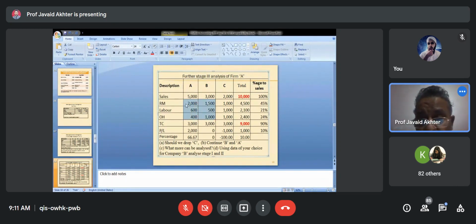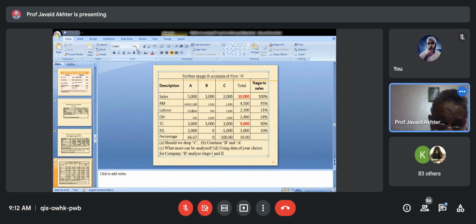Just 1 second. Let me just reduce this size and I'll be able to explain you here. It is 40%. Is it fine? It is spending 2,000 rupees on raw material, which is 40% of its total sales. This you can say as roughly 11%.